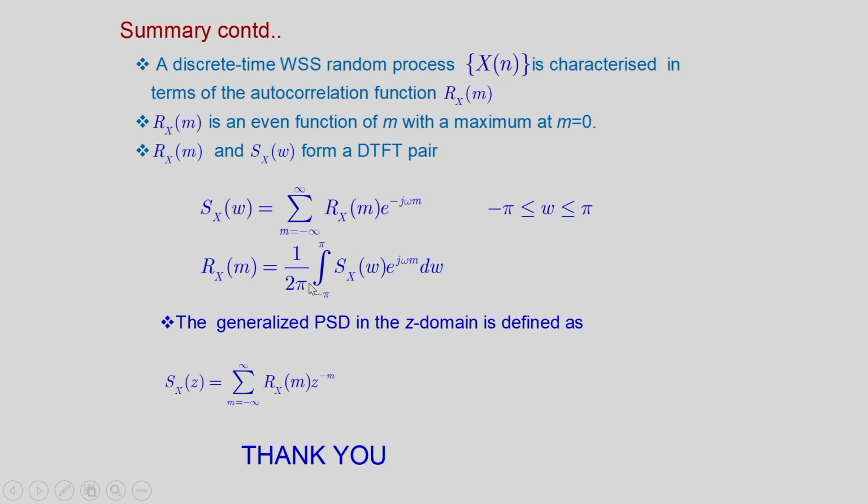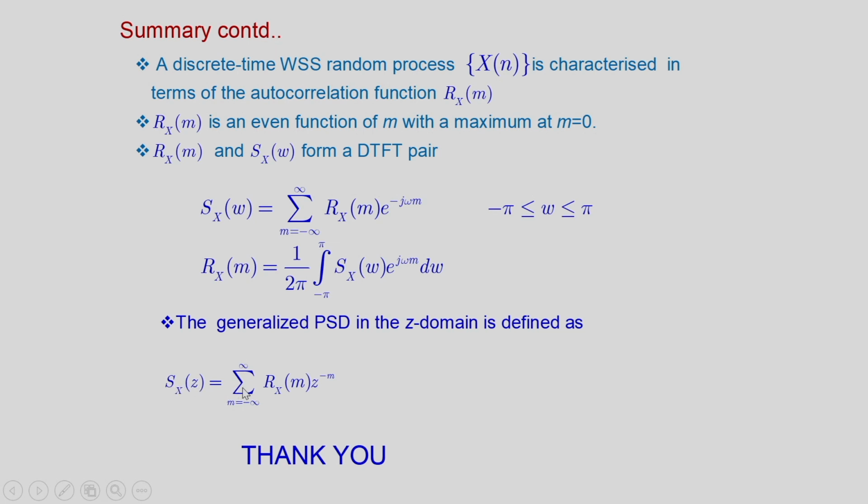And in signal processing, the generalized PSD is useful. It is given by the Z transform of the Rx of m sequence, and when we put z equal to e to the power j omega, we get the power spectrum, that is, Sx of omega.